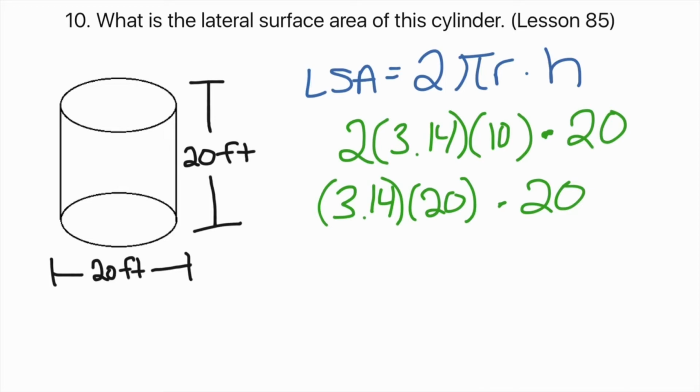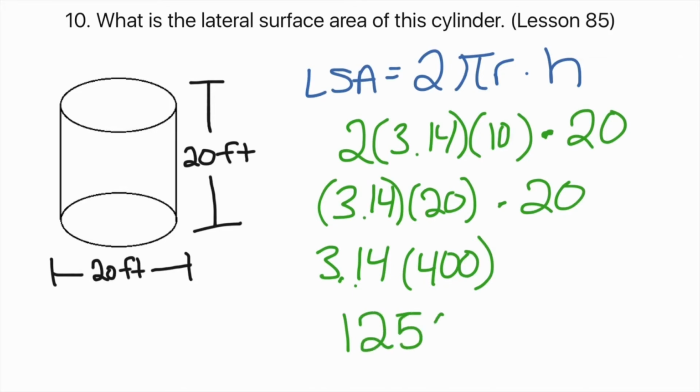Now I can do 20 times 20, so 3.14 times 400. And then I multiply these two together, and I get 1,256 feet squared since it's area.